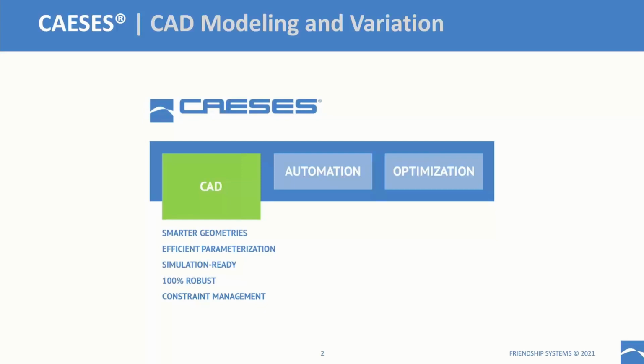And for that we have this specialized environment with a focus on robustness, smart parametrization of the geometry, simulation-ready geometry that can be provided directly to the next step in the process, and so on.